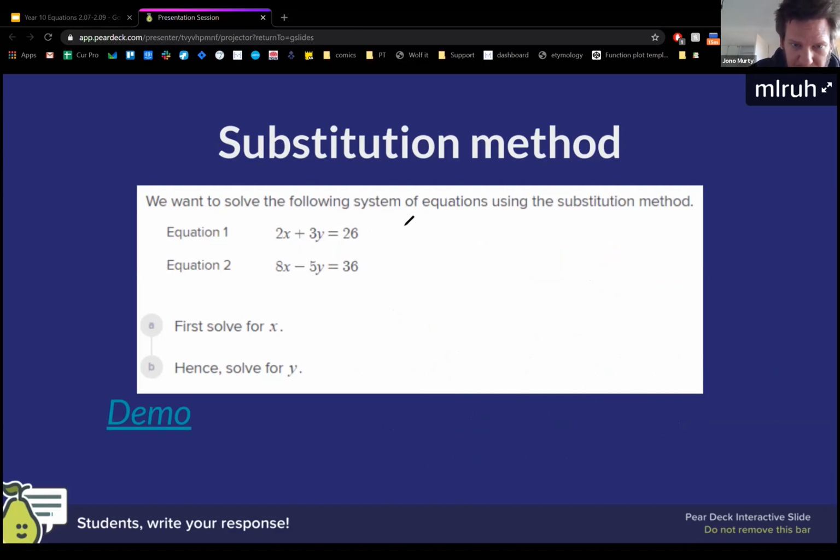Times that by 5. Let's do it this way. 10x, and it just times everything by 5. Keep it as positive. 130. Times this by 3.